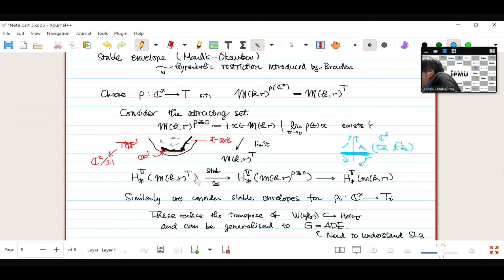This corresponds to the transpose of the inclusion. Or maybe instead of Borel-Moore homology, you use ordinary equivariant homology. Then you have a map in this direction.